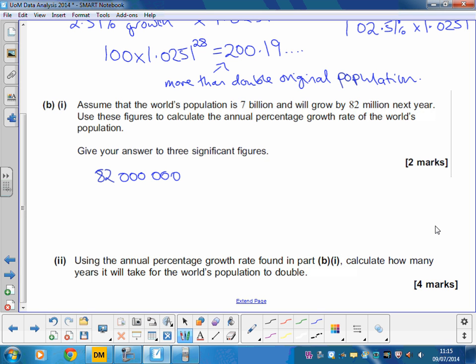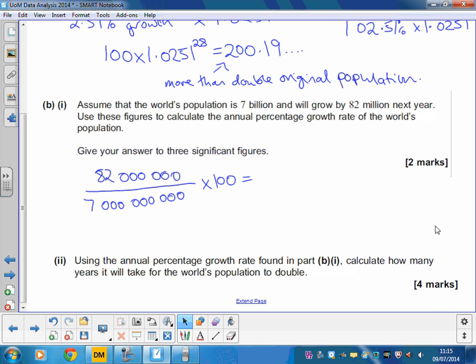82 million, so 82 and 6 zeros. Now we want that as a percentage of the current population, which is 7 billion. We want that as a percentage, so we need to multiply by 100. And we're just going to put that into our calculator.